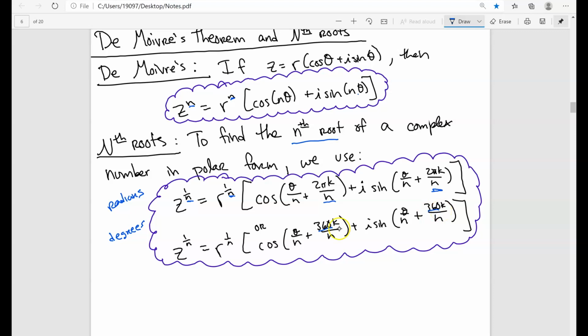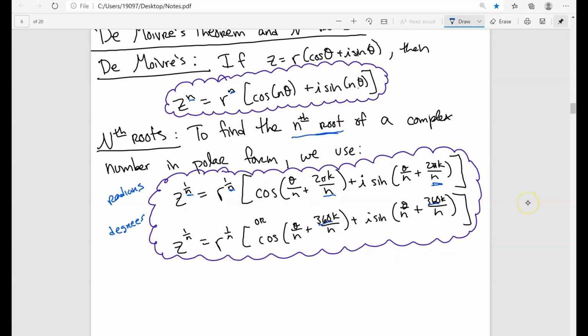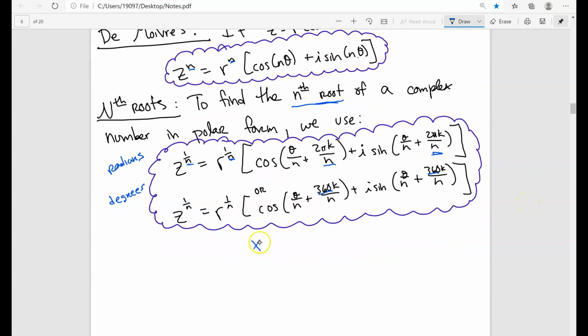This makes sense because remember that when we're talking about roots, we're talking about problems that look like this. When we looked at polynomials, we saw that if you have a degree 2 polynomial, you can have 2 roots. Same thing if you have a degree 7 polynomial and you're solving for something, you're going to have 7 roots.